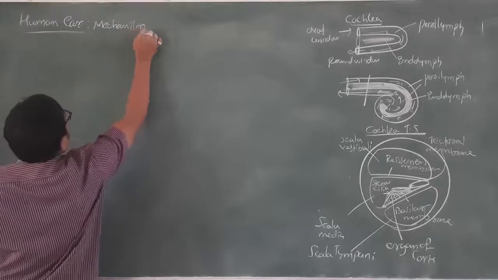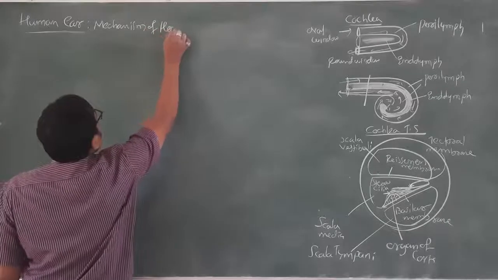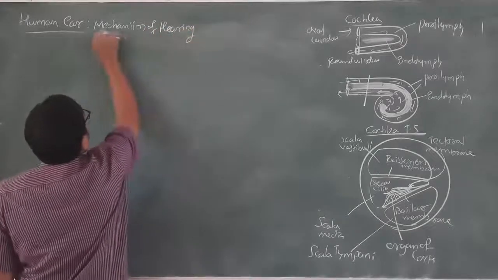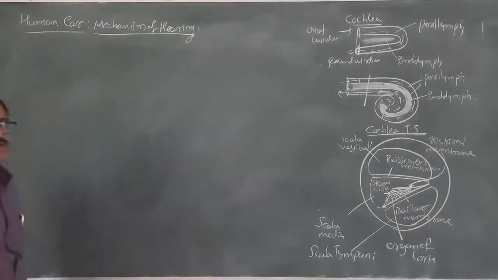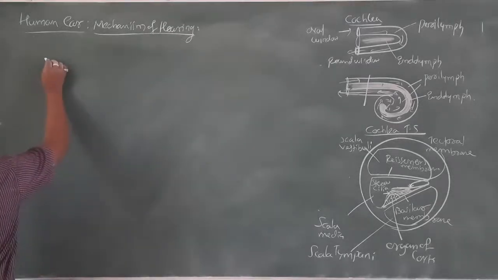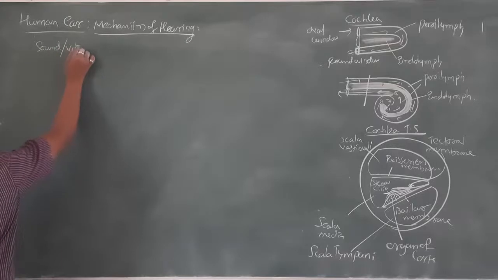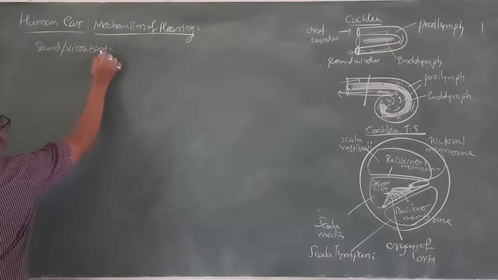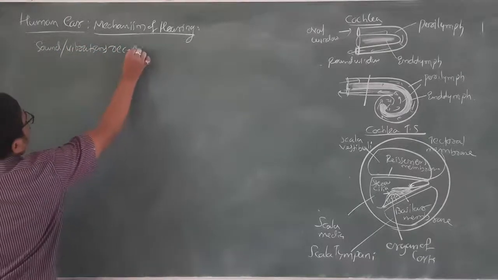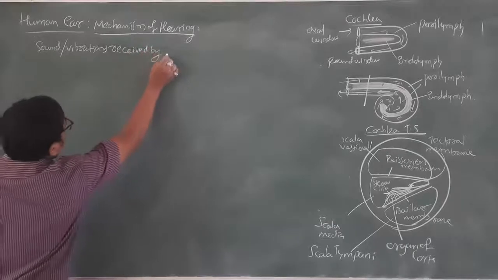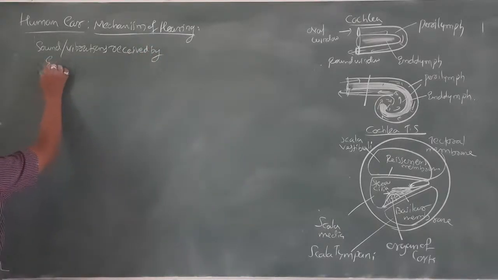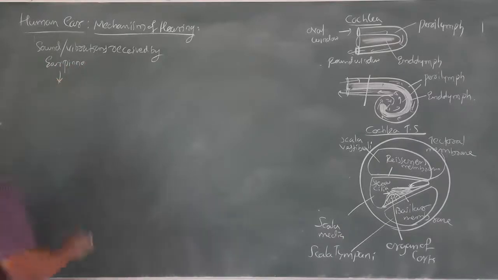Here we talk mainly about sound or vibrations received by the funnel-like structure, the ear pinna. Now the sound is traveling through what? The ear channel or external auditory meatus.